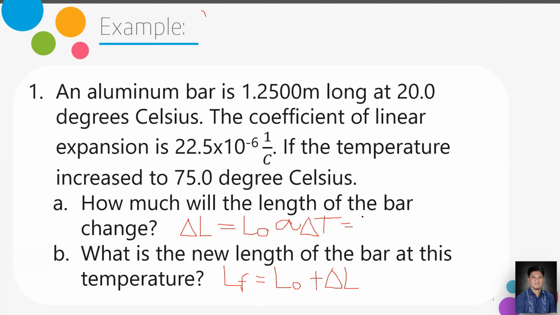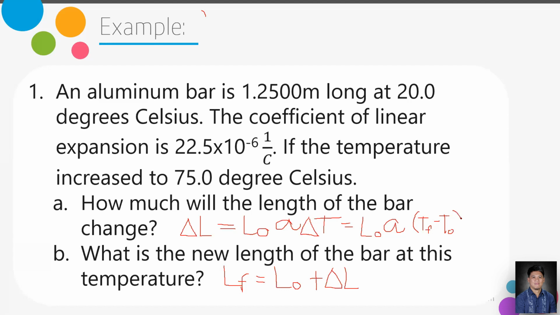That is L sub O times alpha times the change in temperature, the final temperature minus the initial temperature.